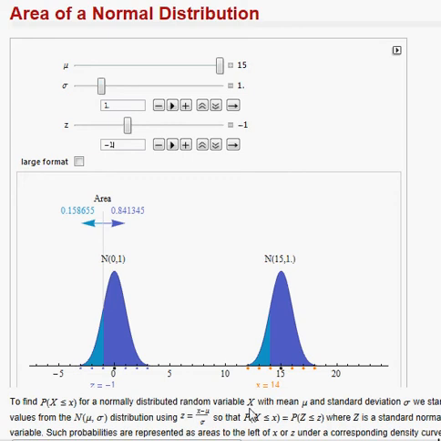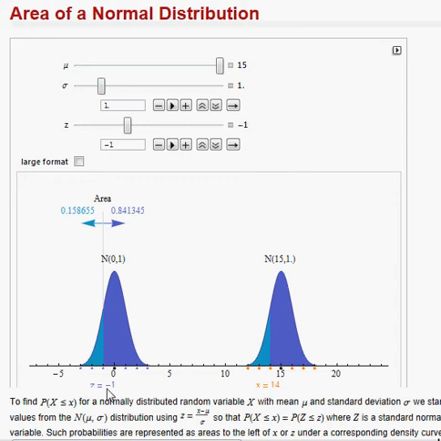For example, x equals 14, the mean mu is 15, sigma is 1. So 14 minus 15 divided by 1 is -1 over 1, which is -1. So that's how we get z equals -1.